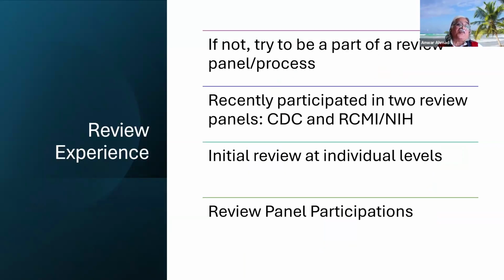Okay, so the review experience. I strongly suggest that you have other colleagues give your name. Most of the time, they look into databases. For example, if you're part of the RCMI program, we have a network, the RCMI consortium, of all those HBCUs where that award is being given. We are part of that consortium, and we have a huge database.